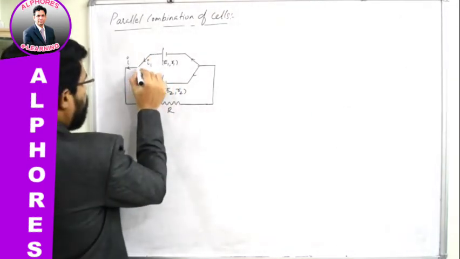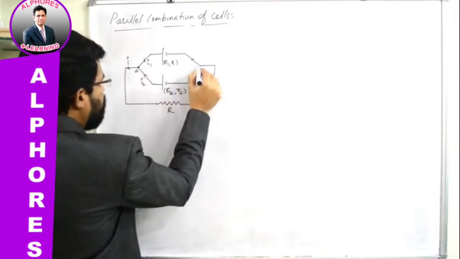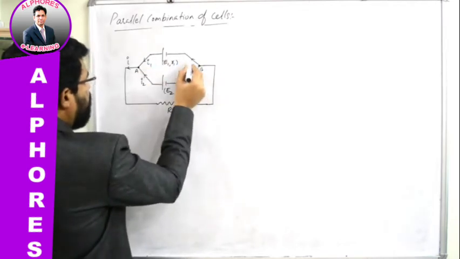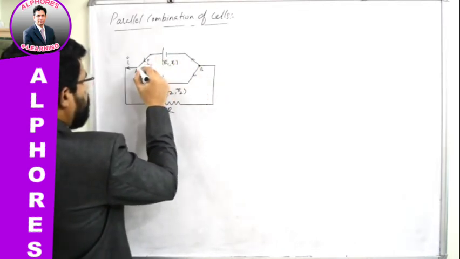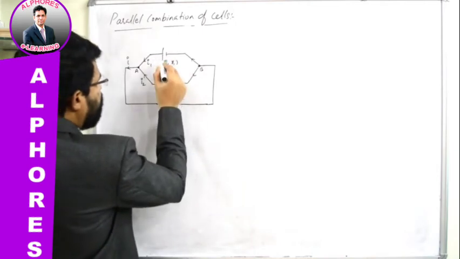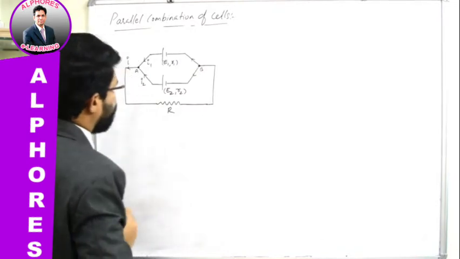I will designate this junction as A and this as B. See, in this particular branch, current is flowing like this, right? So this particular point A is connected to the high potential terminal of the battery, and this point B is connected to the low potential terminal of the battery, isn't it?